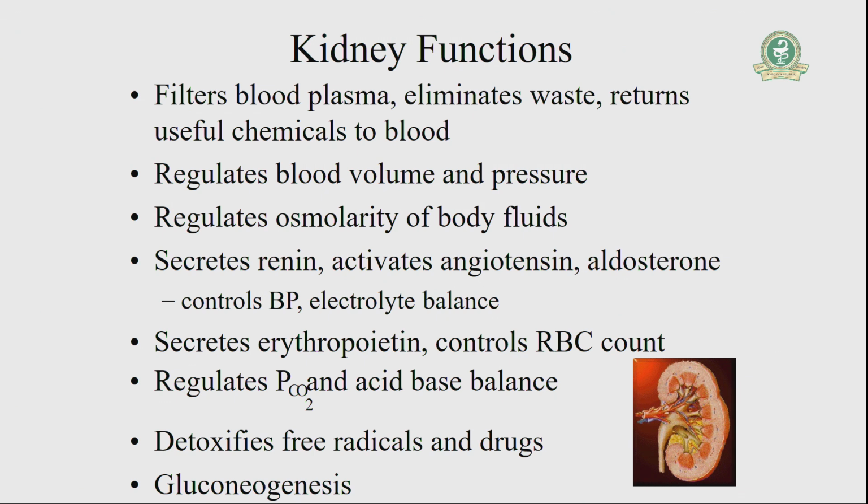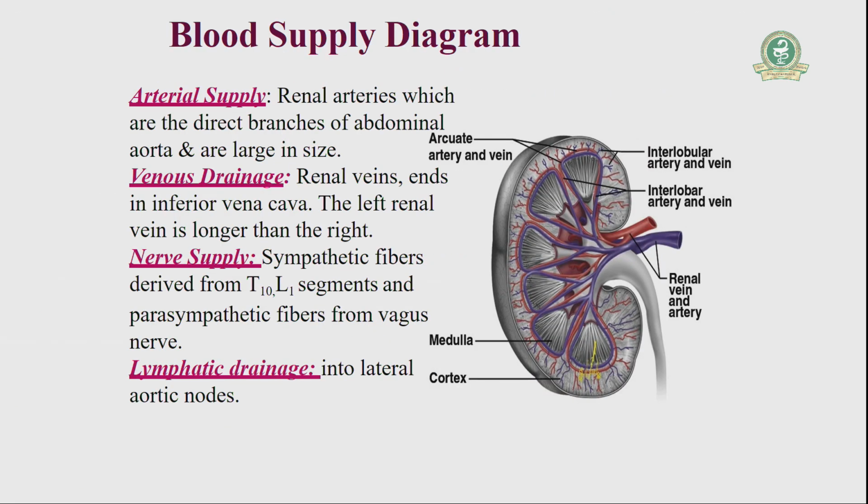Kidney function. Blood supply diagram. Arterial supply: renal arteries, which are the direct branches of the abdominal aorta. Venous drainage: renal veins into the inferior vena cava. The left renal vein is longer than the right.